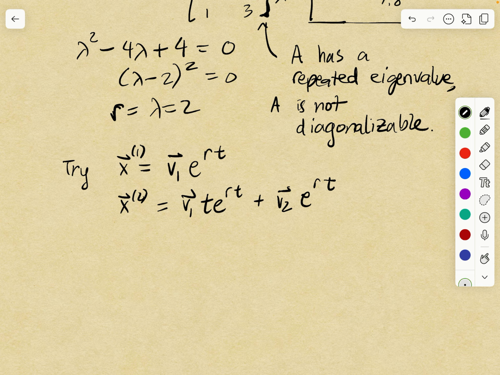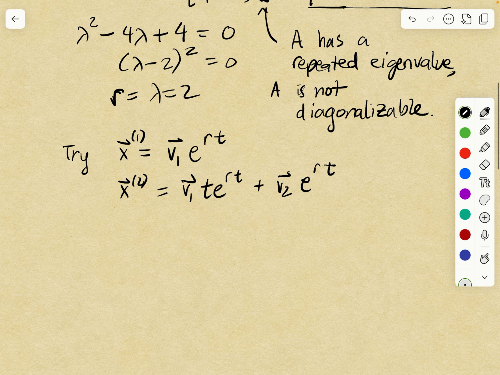It turns out that this will work, though it's not very obvious. You might think that x2 is v2 t e^(rt), from your understanding of a second order equation where the characteristic polynomial has a repeated root. But it turns out that doesn't work if you try testing it. This is what will work.